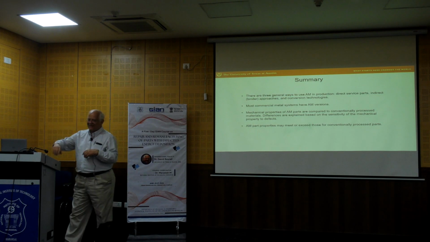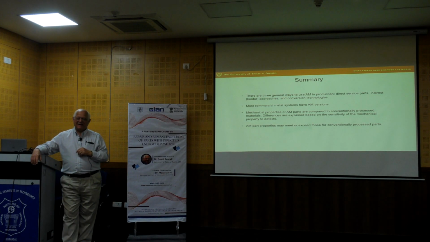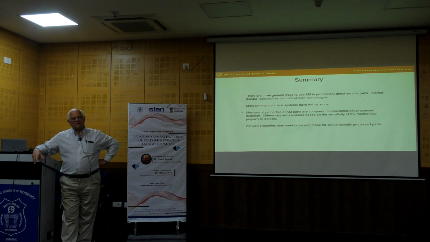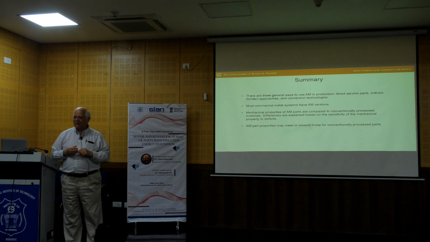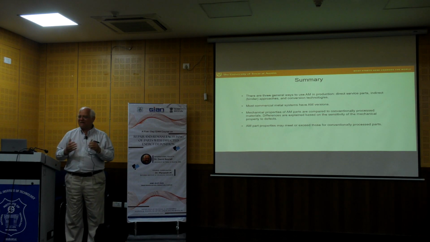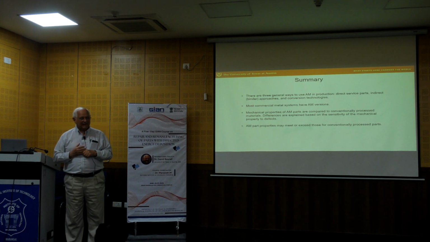And let me also say, in terms of additive manufacturing in metals, I proposed some years ago, maybe 10 or 12 years ago now, an additive manufacturability index. We have weldability, we have castability, we have formability. Why not have an additive manufacturability?